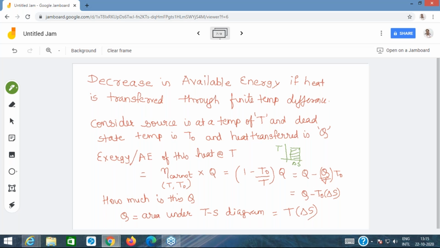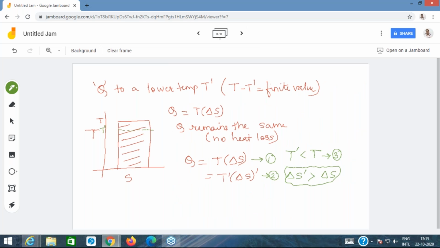Now this Q, which is being transferred from the source, is accepted by the working fluid. This working fluid is at a temperature T dash, which is lower than the source temperature, and this T minus T dash is a finite value. It is not infinitesimally small.